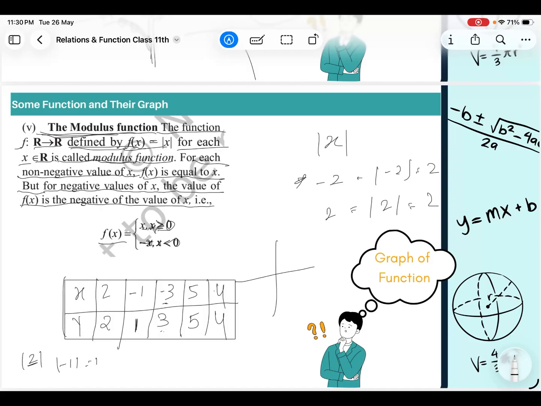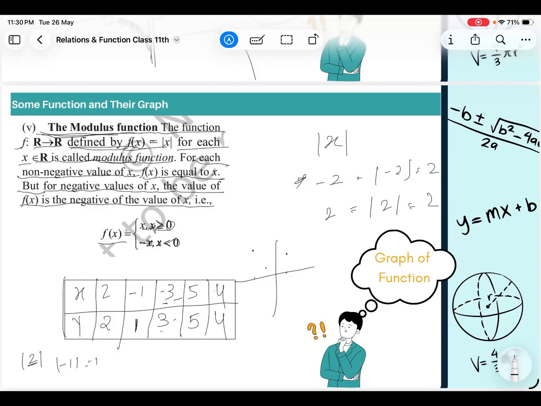And the graph will be something like that. If x is 2, suppose this is 2, then y will be 2 only. If x is minus 1, then y will be 1. If x is minus 3, suppose here, then y will be 3 only.